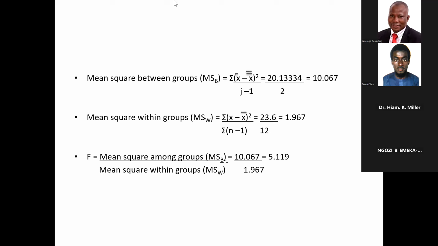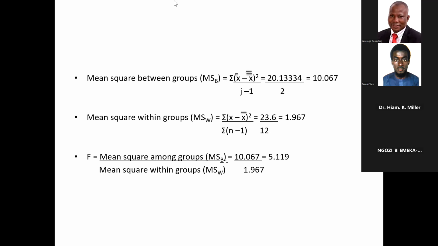The mean square within is sigma of x minus x bar for all the groups, squared, over sigma n minus 1. You remember that for each of them, n minus 1, 5 minus 1, 5 minus 1, you add it together, sigma n minus 1. This is 12.